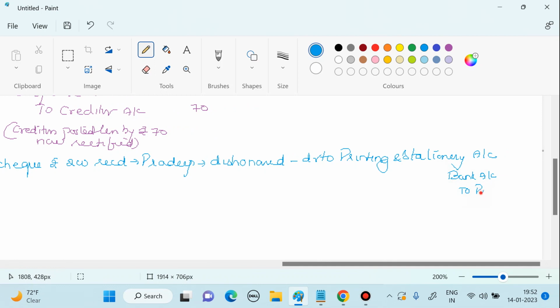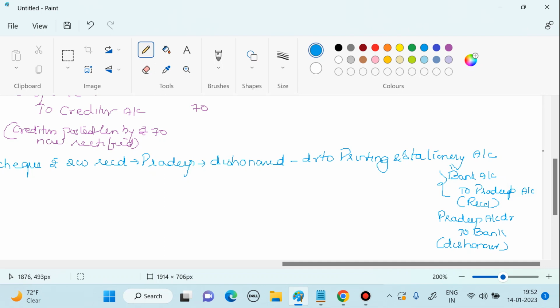Bank account debit to Pradeep, you would have passed when you received the check. But when it got dishonored, you should have reversed this entry because you did not receive the amount, no? So you should reverse this entry. This is for dishonor. As soon as you receive a check, you record it in the cash book and then send it to the bank.